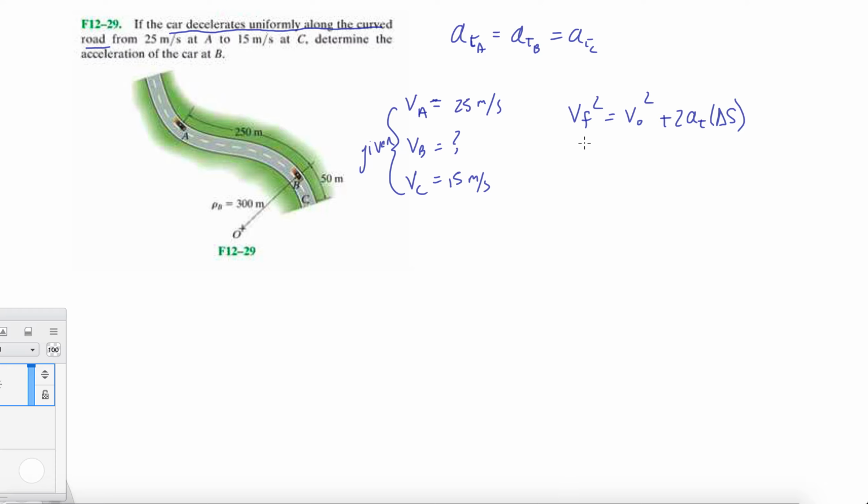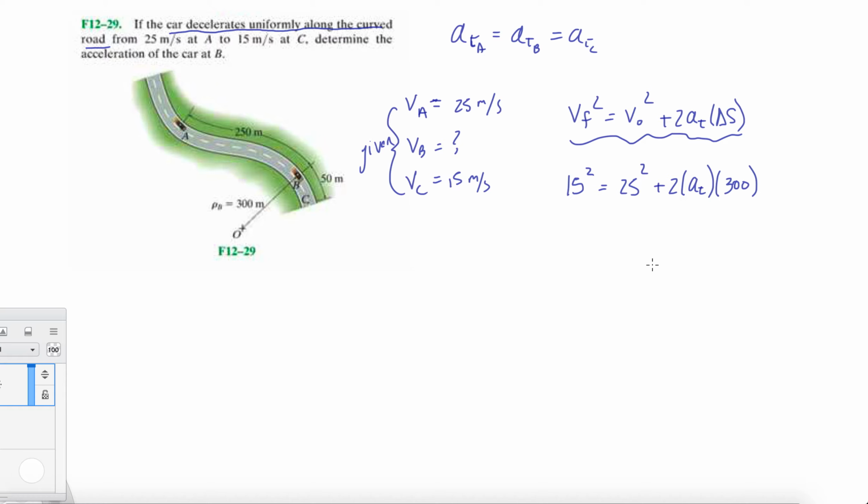So this is what you have to fish out from your kinematic equations. I said my final velocity is 15, my initial velocity is 25, plus 2 times this uniform constant deceleration, and then my displacement between those 2 points.